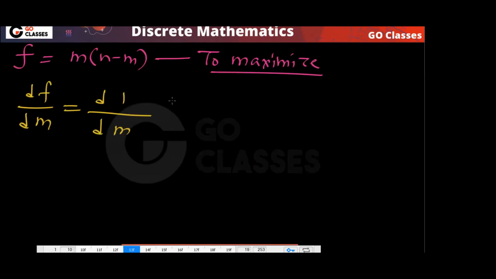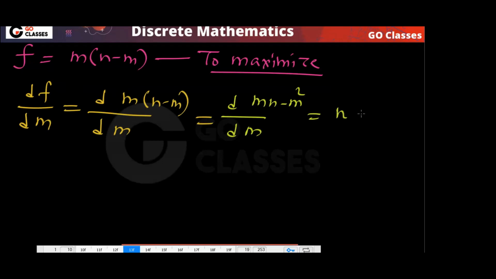This is d by dm of mn minus m square, and that gives me n minus 2m. We do this differentiation to maximize.